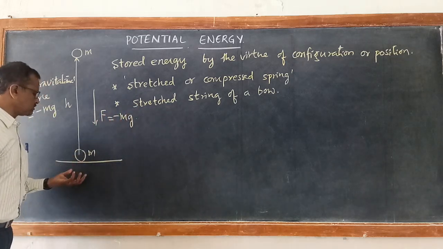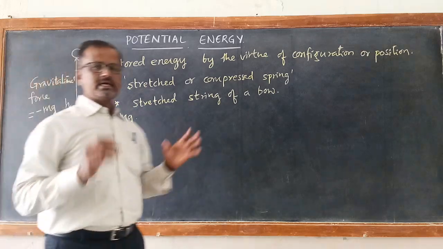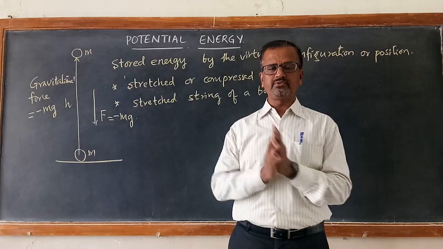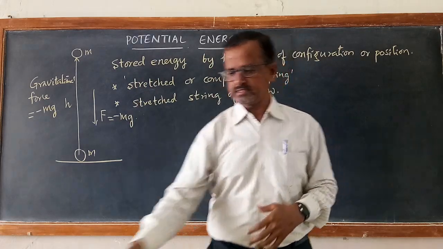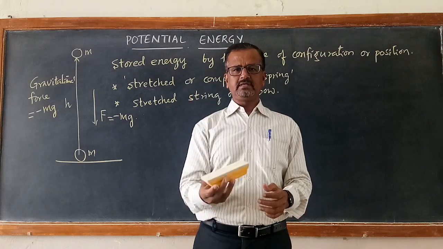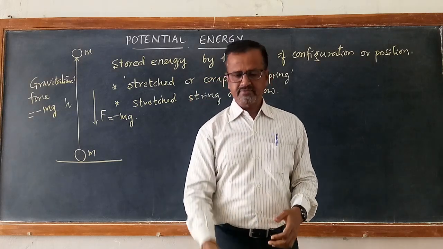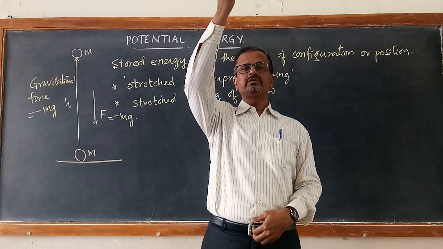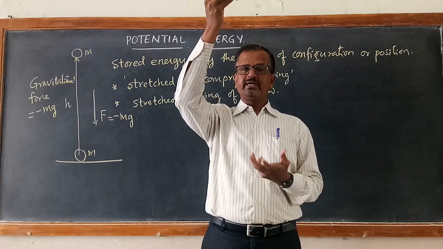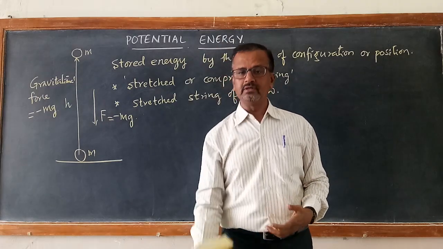So, if you want to take it to a certain height, one has to do work. Work has to be done against this gravitational force, which is always acting vertically downwards. Suppose this duster is a body of mass m. I am lifting it from the ground to a certain height h. So, I have to do work, right? This work has to be done against the force of pull.